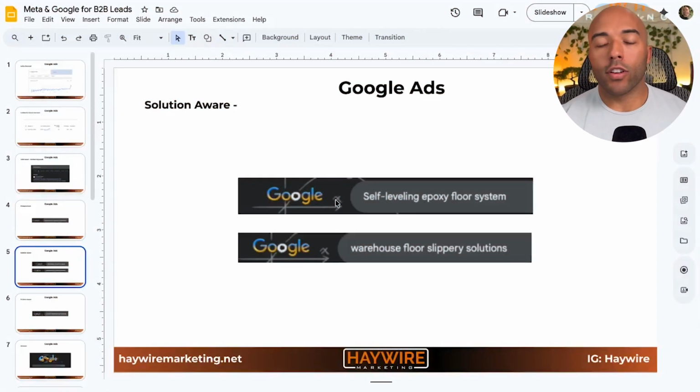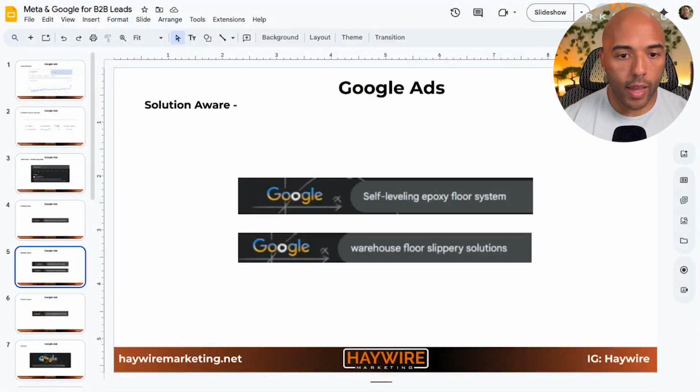But then we have solution aware. So solution aware is where people know they have a problem, but now they're looking to get that resolved. So these are people who are thinking about buying now or thinking about purchasing something, but they're still exploring and still doing their own research.